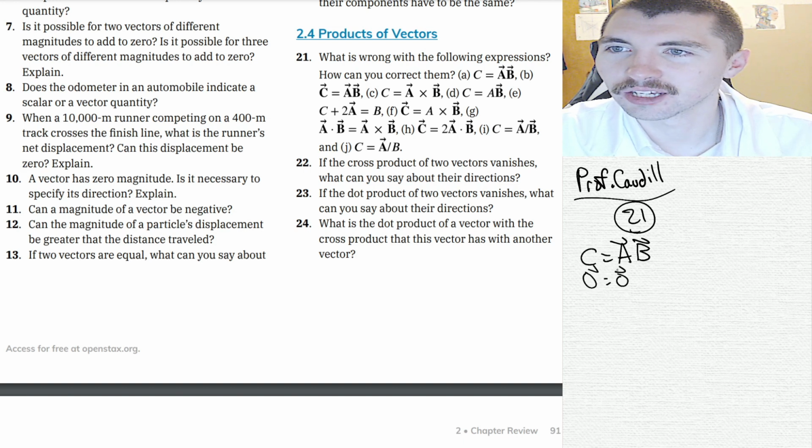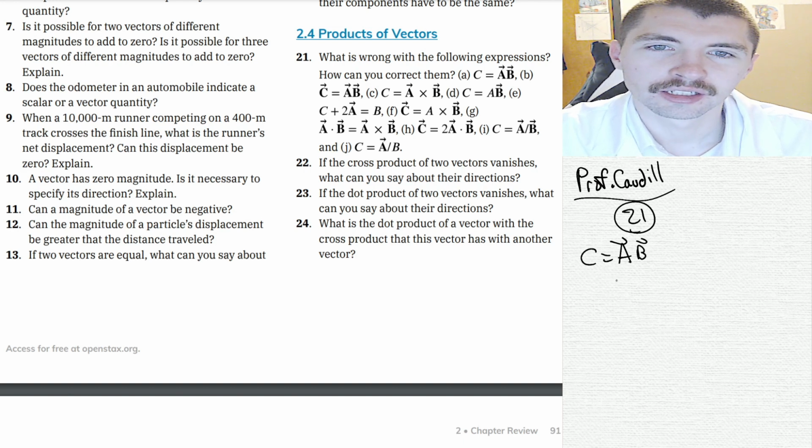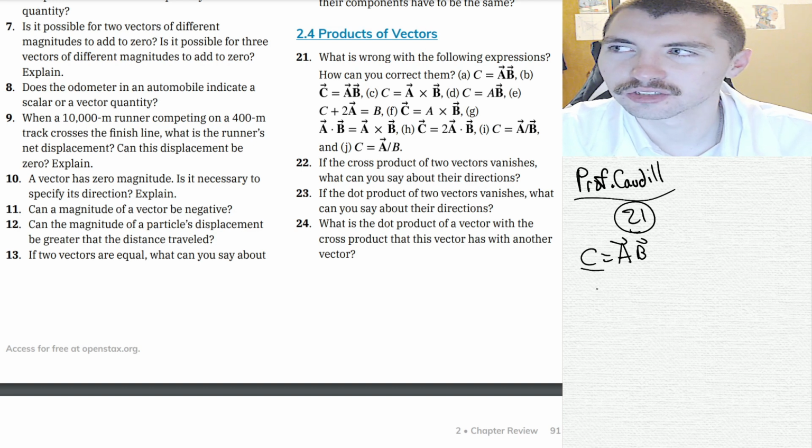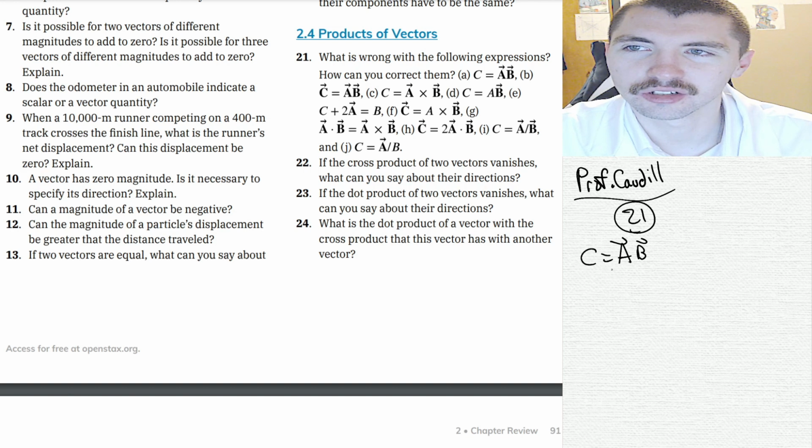I don't think that's what the book would want you to say. So I'm going to say you can't do this because C doesn't have a direction, assuming A and B are not 0.